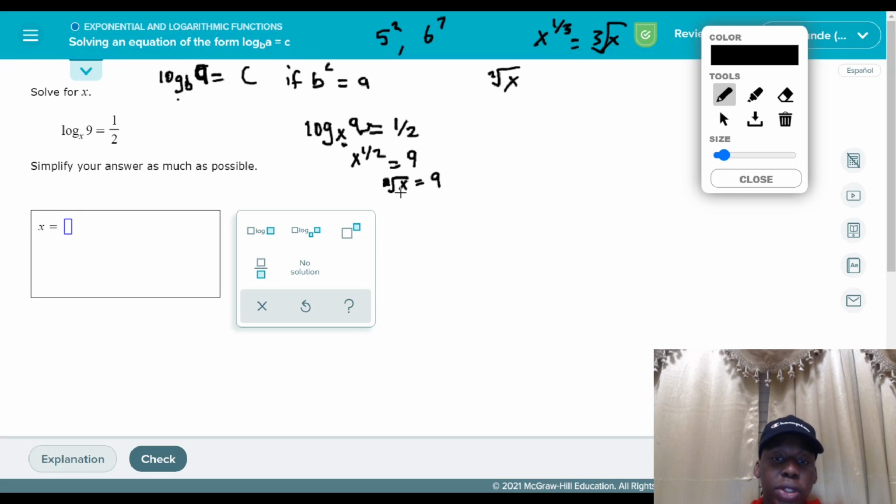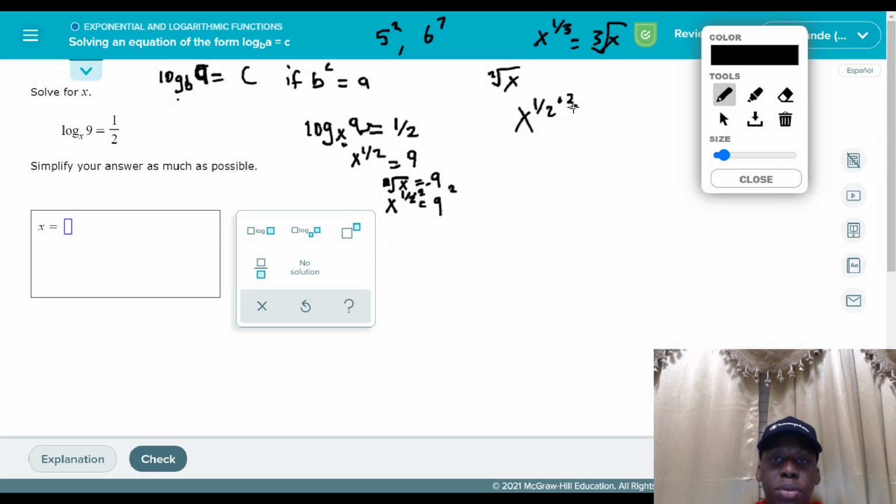So we're going to ask ourselves, what number, if I square it, is going to give me a 9? In order for us to do that, we have to square both sides. When we square both sides, this is x to the power 1 over 2 equals 9, and we multiply the exponent here by 2, because whatever we do on the left side, we have to do on the right-hand side.